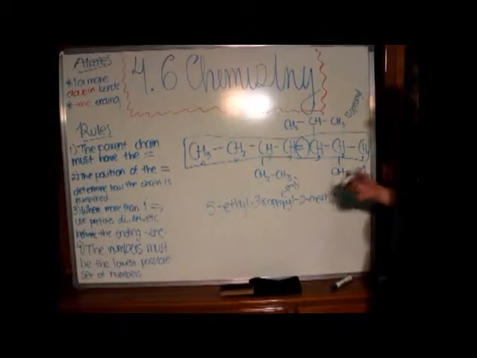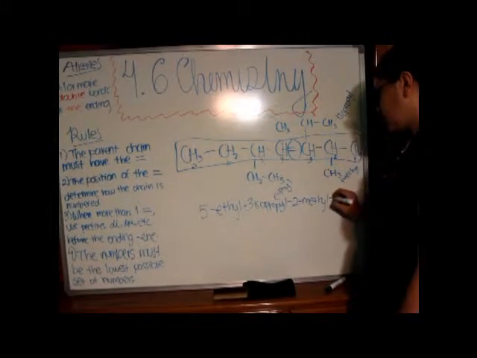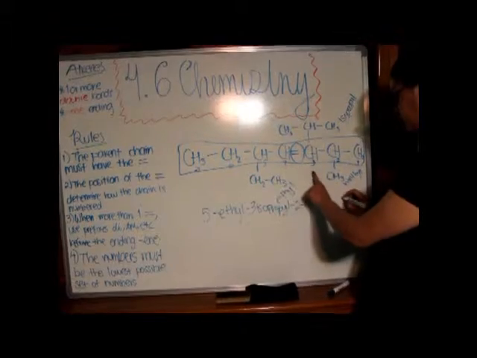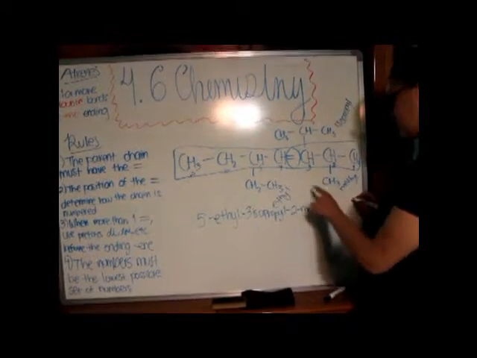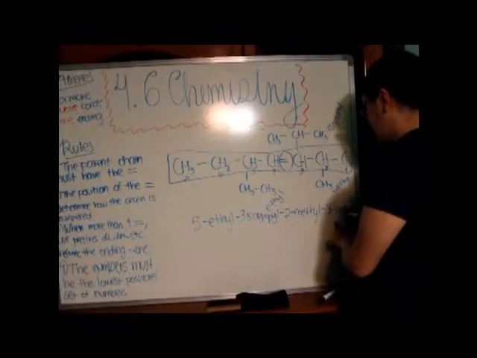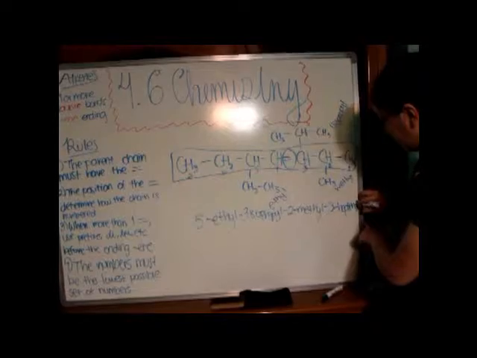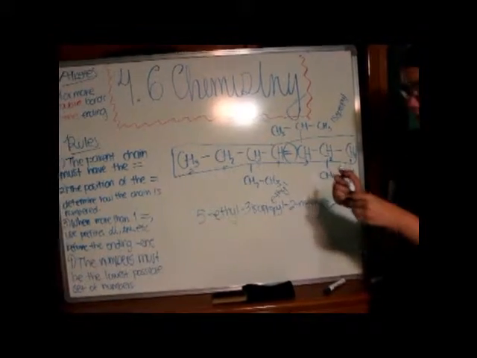Then we specify the number of the position of the double bond. We have it on 3 to 4, so we put 3. And we have 7 carbons, so it's hept, with the ending -ene. And that's all.